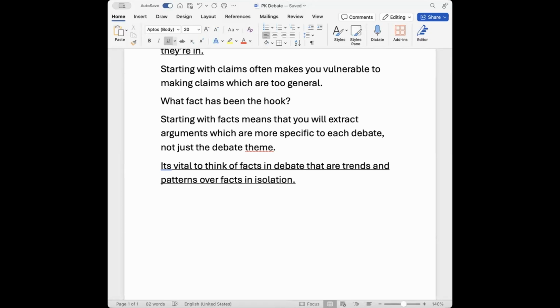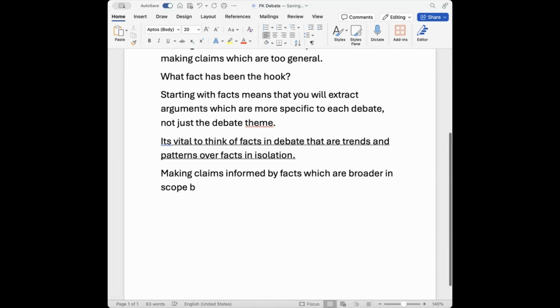And I think making claims informed by facts which are broader in scope, both by time and space, makes them much more robust to criticism.